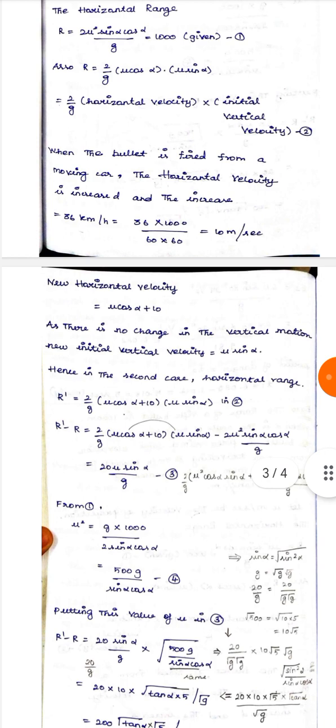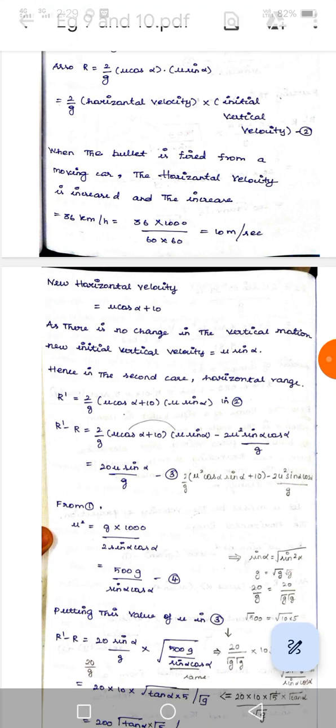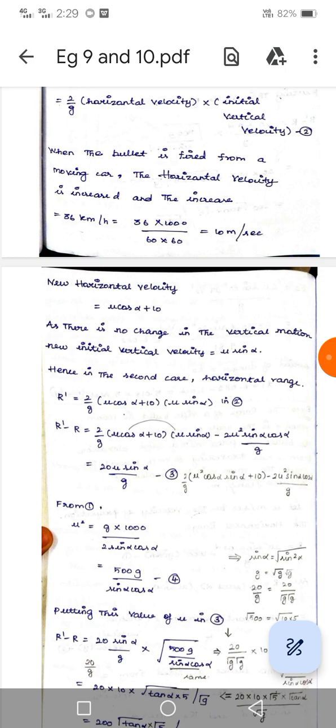R dash minus R equals 2 by g into u cos alpha plus 10 into u sin alpha, minus 2u squared sin alpha cos alpha by g.